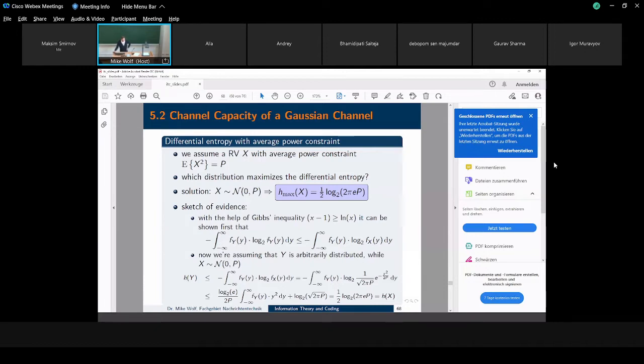Now we insert this. So this differential entropy, which is the left-hand side of this Gibbs inequality, is for sure lower than fy of y times log 2 of our probability density function of a zero mean Gaussian distributed random variable.